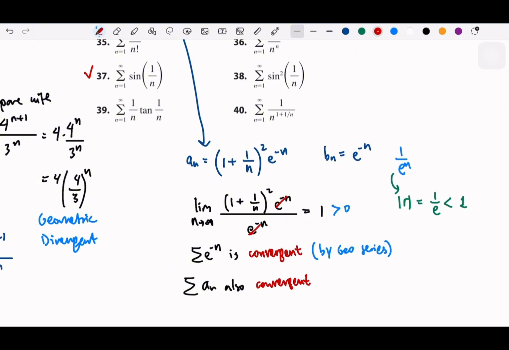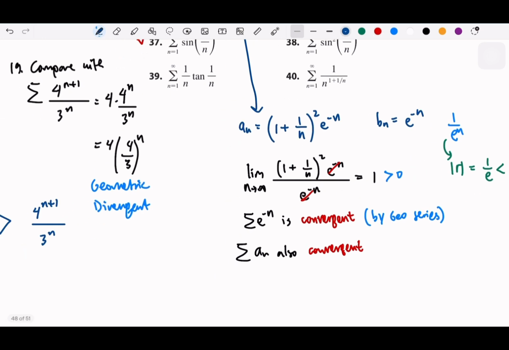When you have the limit and then you have sine n over n, we could make that property as 1, right? If there's 0 or if there's infinity, we could rewrite that special property. And we could use that similar property with 1 over n. So we could compare with 1 over n. So we take the limit. So this is what we are expected to do within number 37.